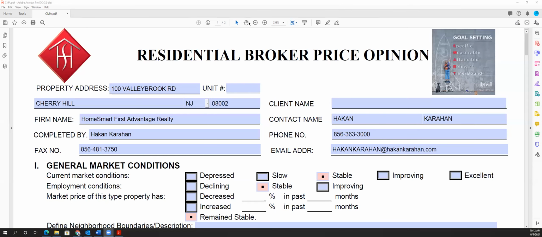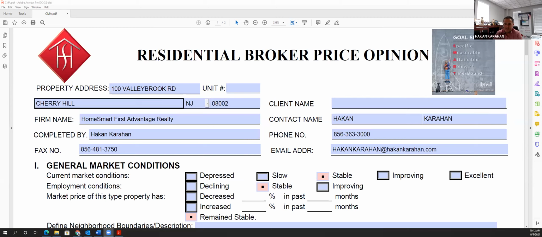Yes. So this is the format that I use myself in all of my CMAs, not necessarily Bright MLS or any other CMA sources. It is a simple format, but it gives a very similar value to an appraiser.